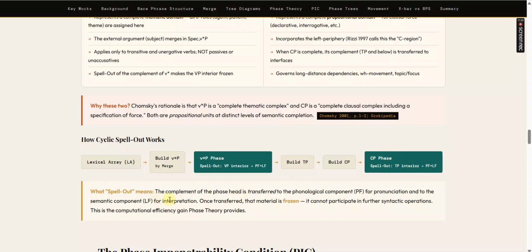What does spell-out mean? The complement of the phase is transferred to the phonological component PF for pronunciation and to the semantic component LF for interpretation. Once transferred, that material is frozen. It cannot participate in further syntactic operations. That is the computational efficiency gain phase theory provides.